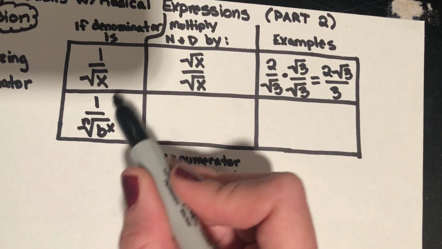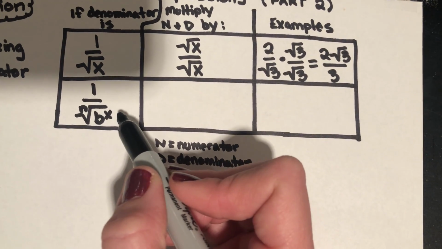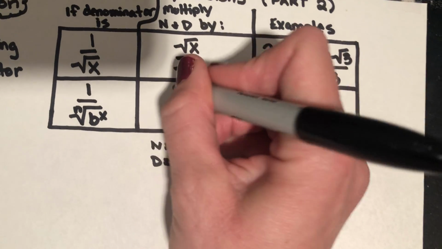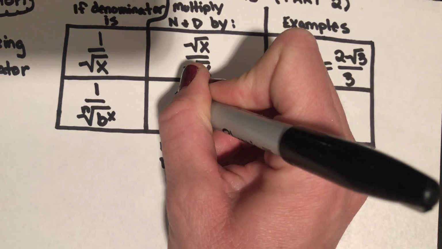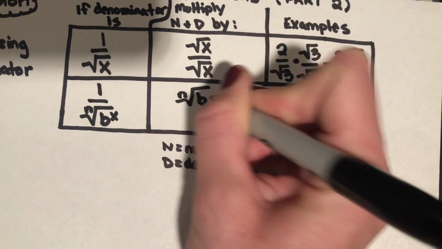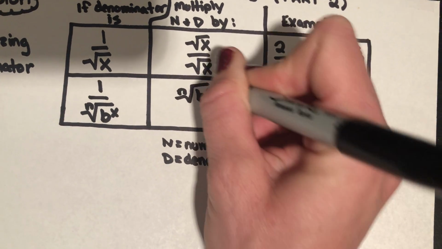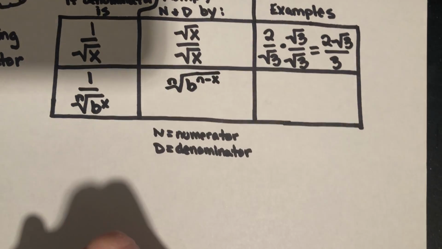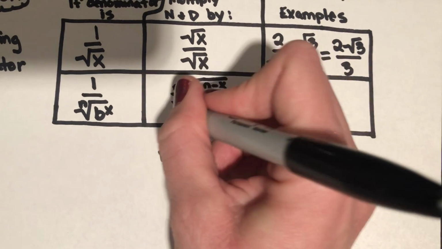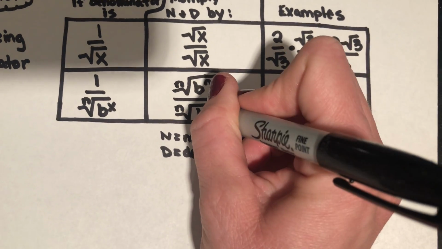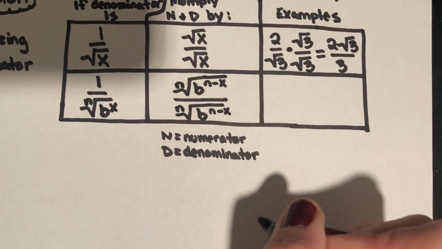Well, if the denominator is the nth root of b to the x, you're going to multiply the numerator and denominator by the nth root of b to the n minus x, over the nth root of b to the n minus x. Extend that radical right there.